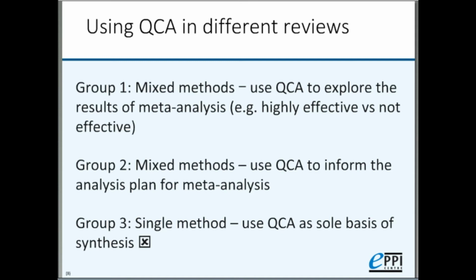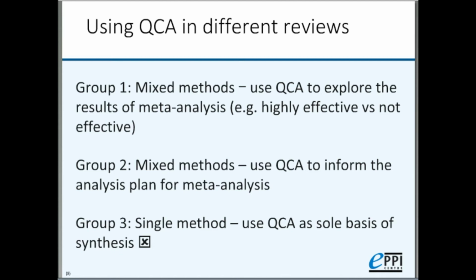And within systematic reviewing, there are three different ways of using QCA within the review. I'll start with the first method. So the first method is to use QCA to explore the results of meta-analysis. So it's implemented within a mixed methods framework, and the meta-analysis will have been conducted already, and configural questions will be asked of that meta-analysis to understand what it is about intervention components that trigger a successful outcome.